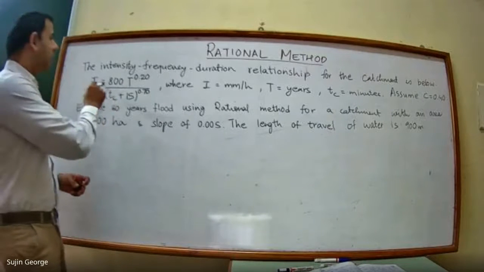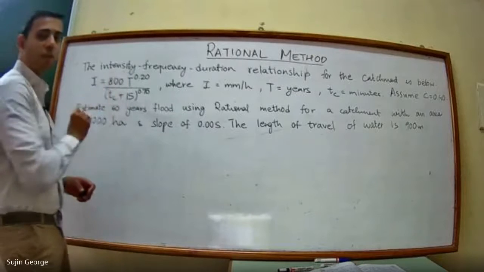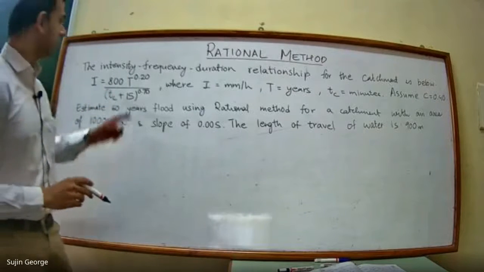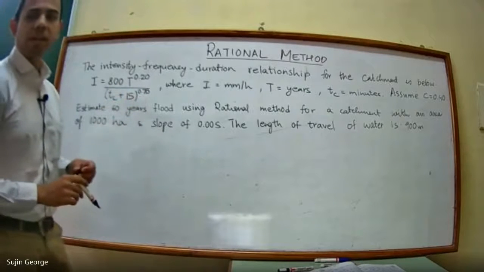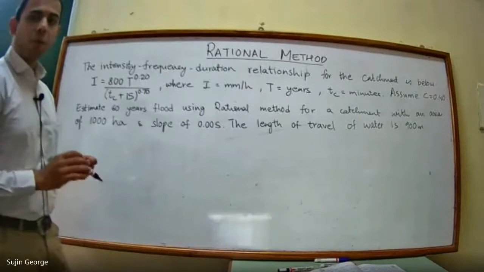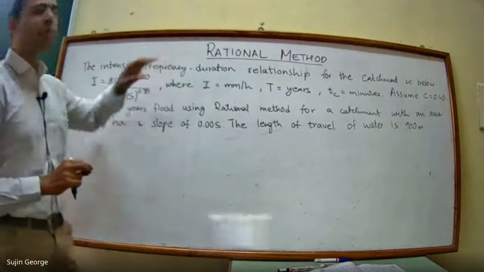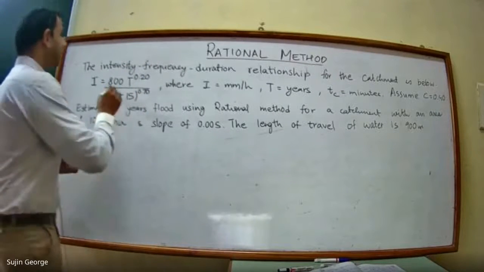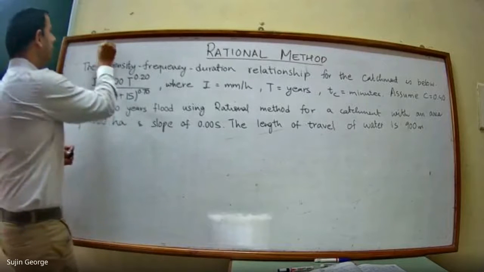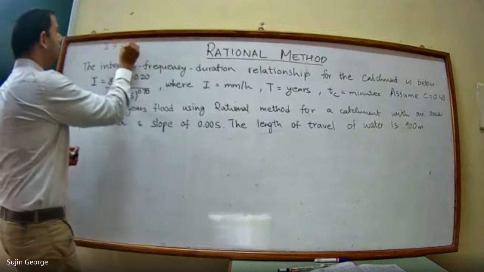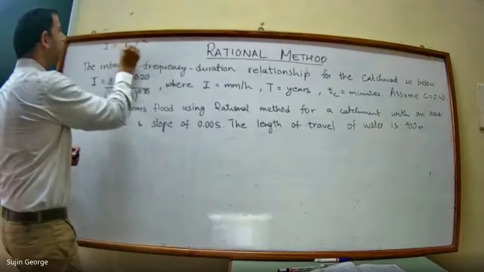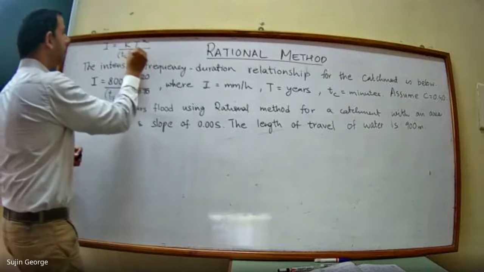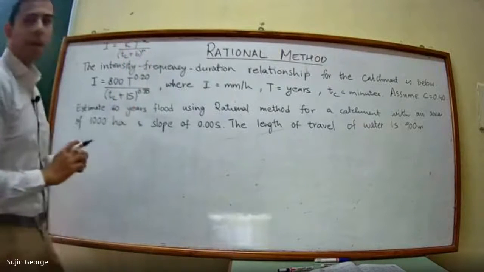That is I is equal to 800 t to the power 0.2 divided by Tc plus 15 raised to the power 0.7. This formula is known as the intensity, frequency, duration formula, which we use for denoting the value of I. As I told you, I is equal to k t to the power x upon Tc plus b to the power n.